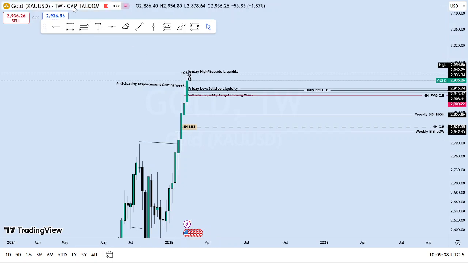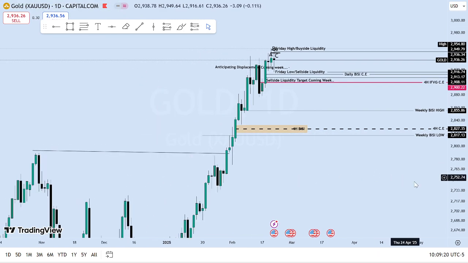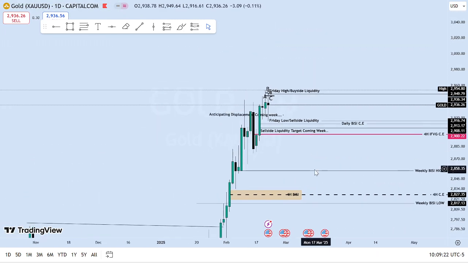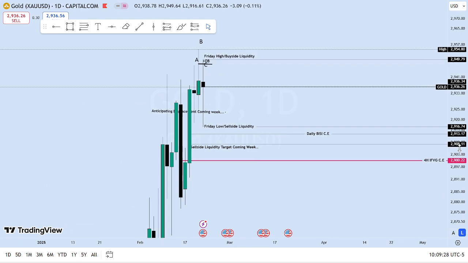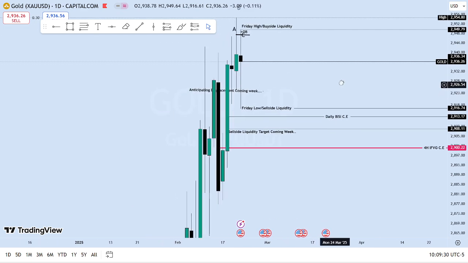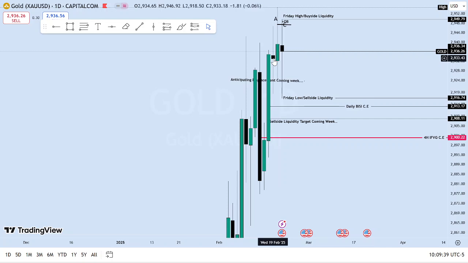Weekly. Go over to daily. On the daily chart, you can see price action creating another inefficiency right here, between this bearish candle, Wednesday 19th February, the low of it, and Monday 17th February, the high of the week.